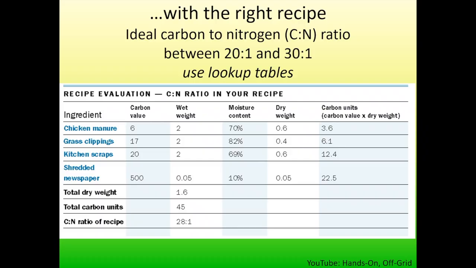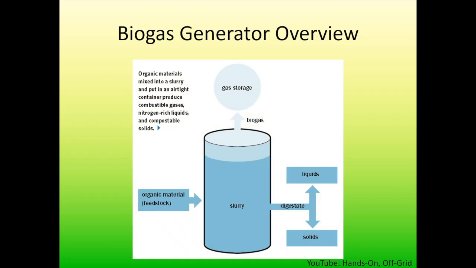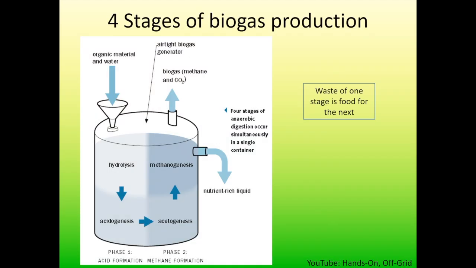The carbon value shown in the chart is the C in the C to N, or carbon to nitrogen ratio. This diagram shows the basics of the material processes involved. Material goes in, liquid, solids, and gases go out. There are 4 chemical processes that occur inside a digester.